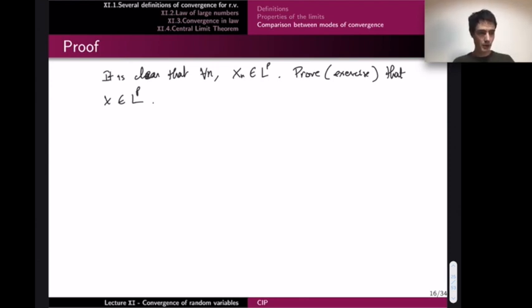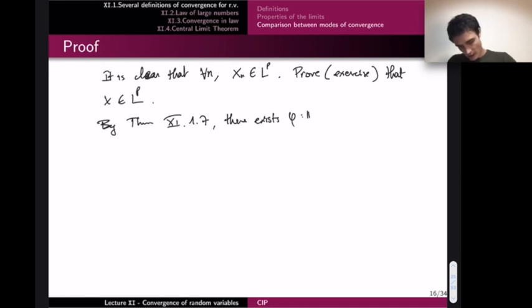And now I will use the previous result. By the previous result, theorem 1.7, we know that Xn converges in probability to X, so there exists phi from N to N, strictly increasing, such that X_phi(n) converges to X almost surely.